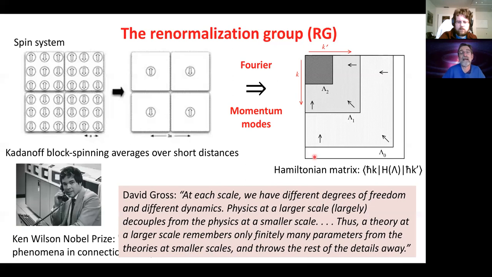So scales of high momentum, low momentum, or long distance, short distance. And if you want to go to the larger scale, you can do that just by taking little bits of the smaller scale, okay, and throw away most of the details. So this is the principle of renormalization, that we can do this. So the renormalization is changing that Hamiltonian to take into account these effects, but we can really make it work with getting rid of all of these details.